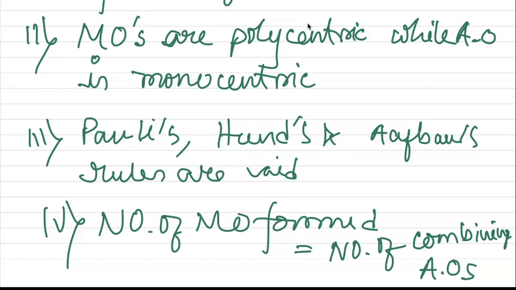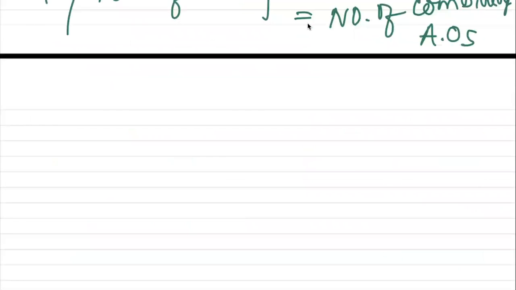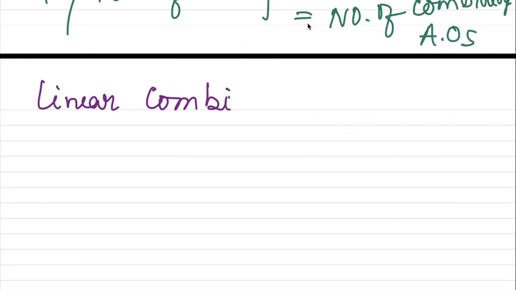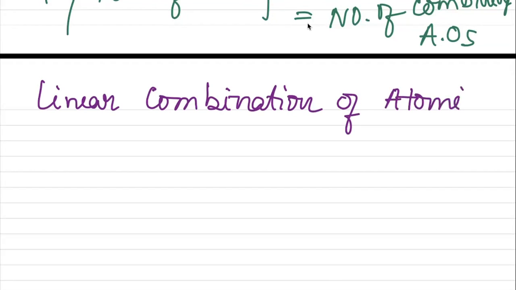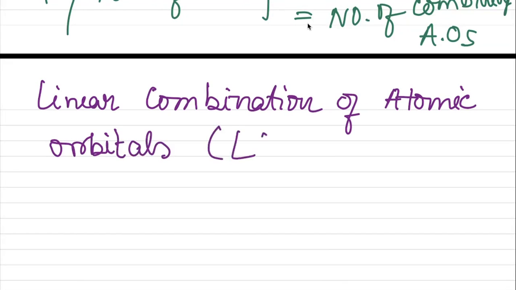Okay. Now we are moving to our next topic, linear combination of atomic orbitals. In short, it is known as LCAO. Linear combination, very, very important.